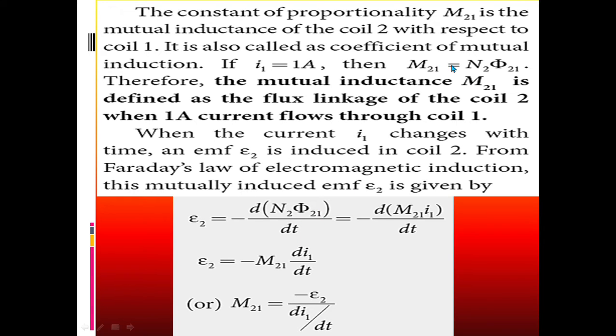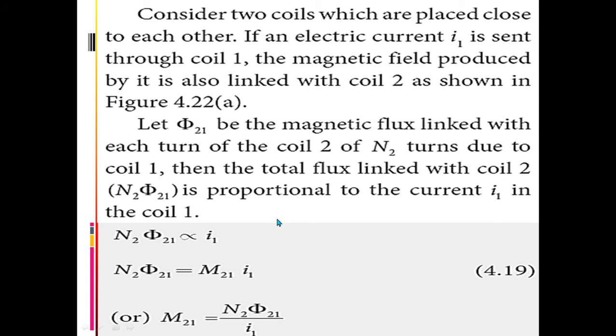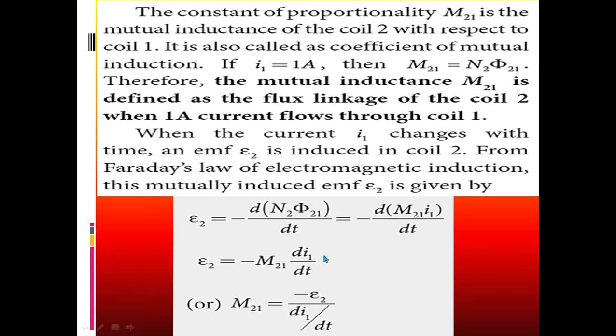So just substituting the value, N2φ21 is nothing but M21 into I1. So N2φ21 can be replaced as d into M21 into I1 divided by dt.